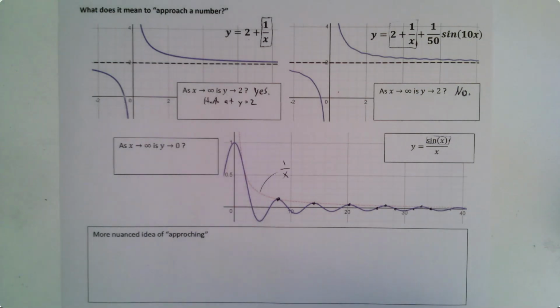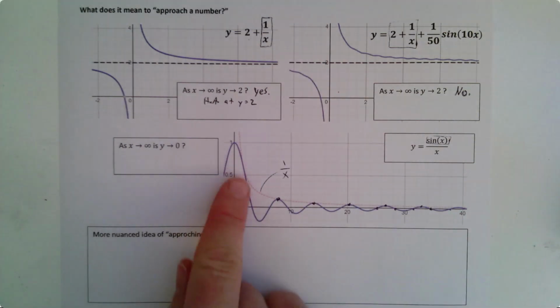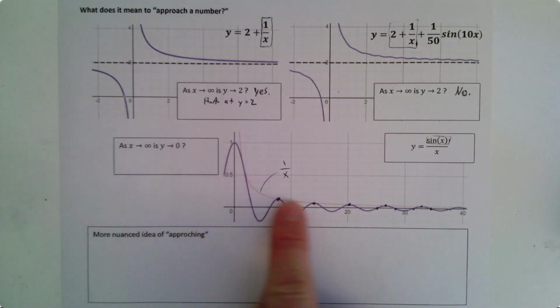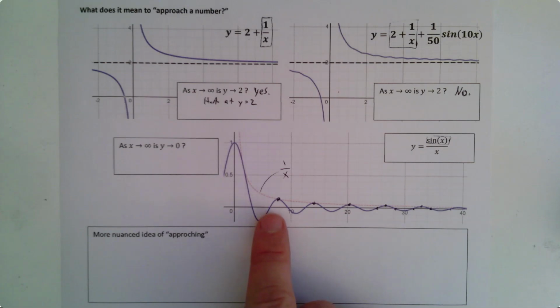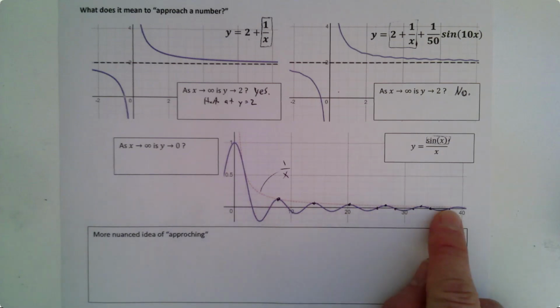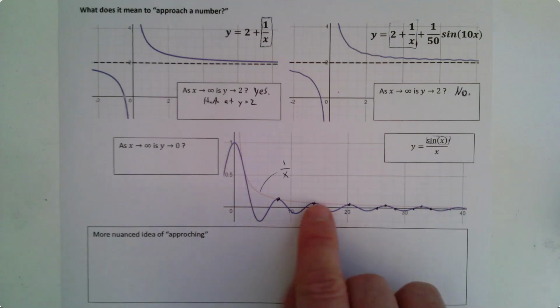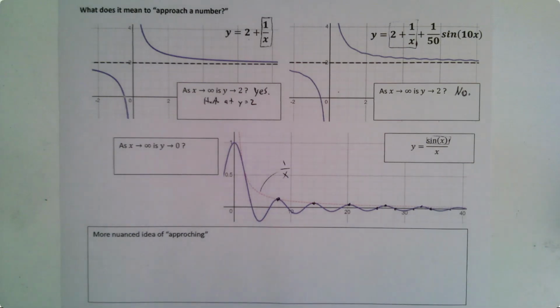So now we're in trouble because we said way back at the beginning of the video that the y values of 1 over x are getting closer and closer to 0. So it feels now like maybe it should be okay to say that even though the y values of this function oscillate, the oscillations are getting smaller and smaller. So all of the y values, even though they're oscillating, are still getting closer and closer to this y equals 0 number.